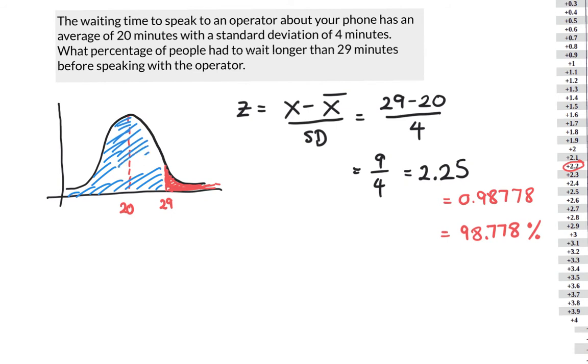And that area there is 98, so we've got to subtract from 100 to get this area here. 100 minus 98.778, if we subtract those two on our calculator, you get 1.222, which equals 1.2% of people would have to wait longer than 29 minutes to speak to an operator.